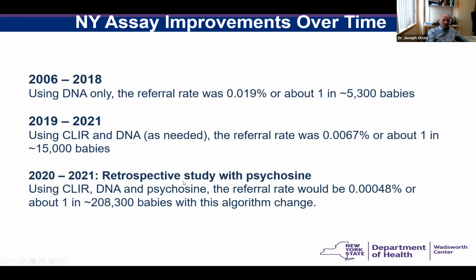We're still a little ways from adopting psychosine fully, but we plan on doing this, and we're also adopting no longer referring babies with only 1 variant. When we go to this, we expect to have a referral rate about 1 in 200,000, which will really improve things in the state. And that's something we anticipate happening within the next couple of years.